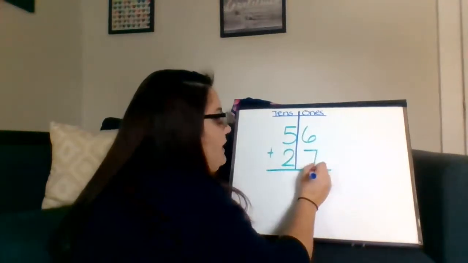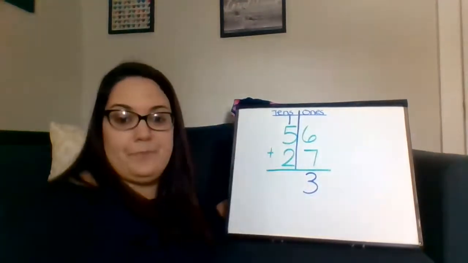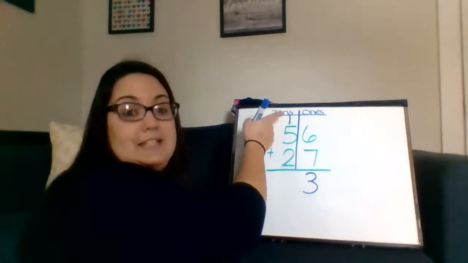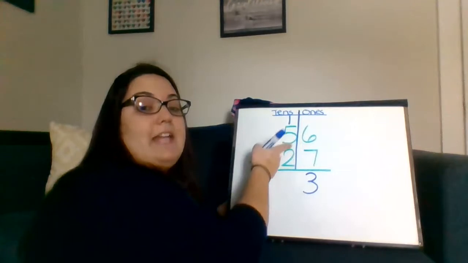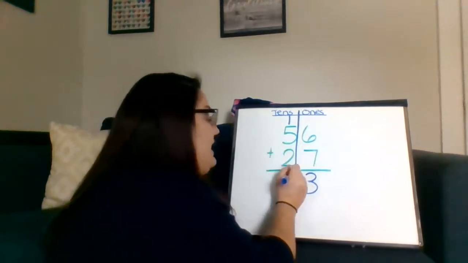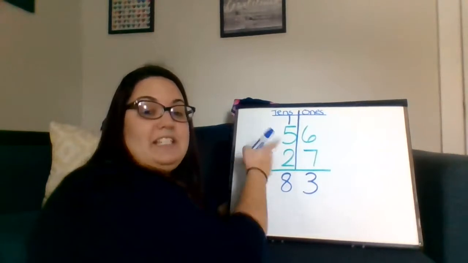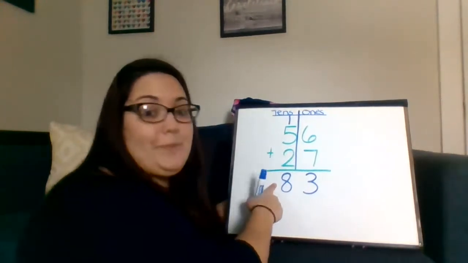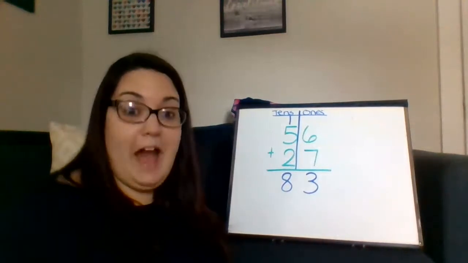So I put my 3 in the ones place and I bring the 1 up to the top of my tens place. Now I can add my tens and I'm going to add 1 plus 5 equals 6 and 6 plus 2 equals 8. So 56 plus 27 equals 83. That's how we add two-digit numbers using the standard algorithm.